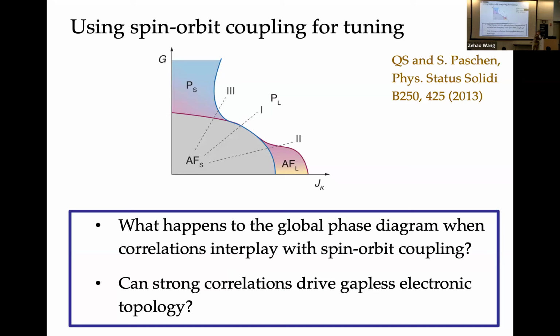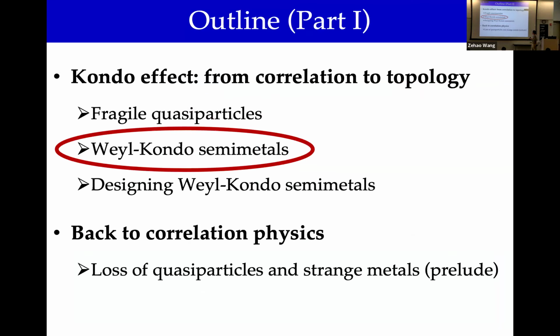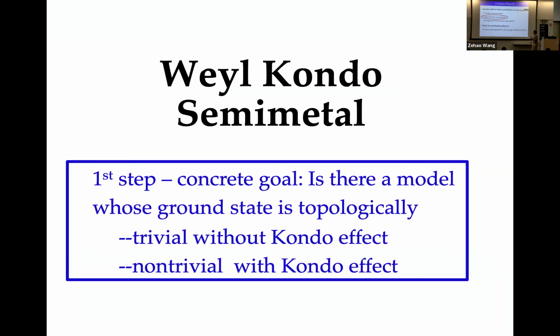And we were asking ourselves, in a phase diagram like this, how can we go from one part to the other part? We had some idea of using spin orbit coupling as a tuning parameter. And that led to a question, well, what if you include spin orbit coupling, could that actually modify this phase diagram? So that was how we came to the Weyl-Kondo semi-metals.